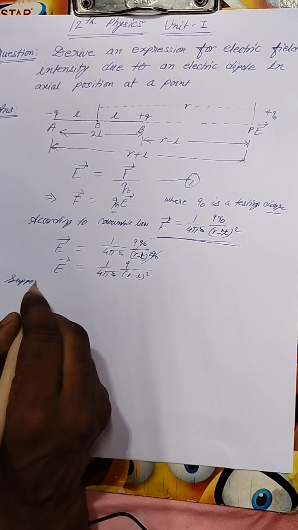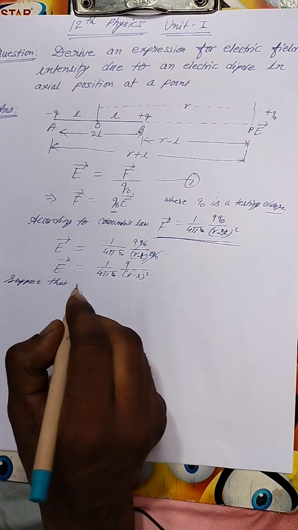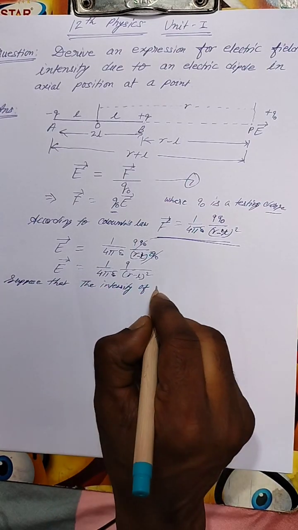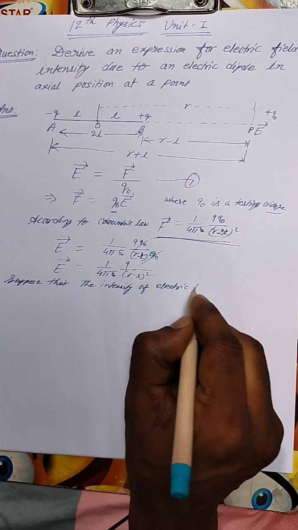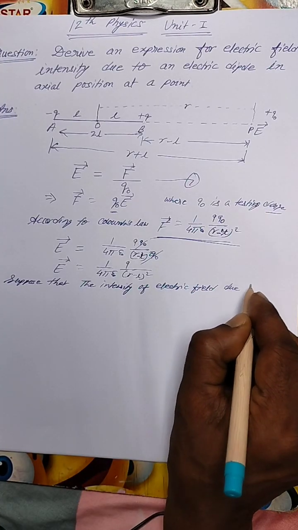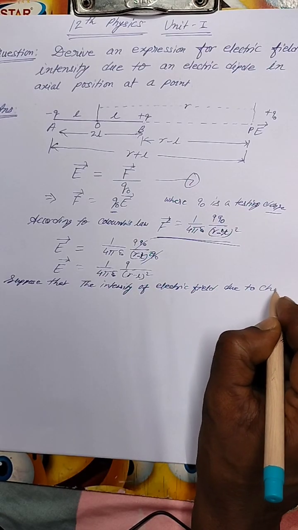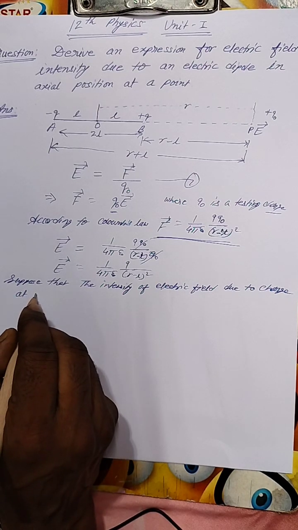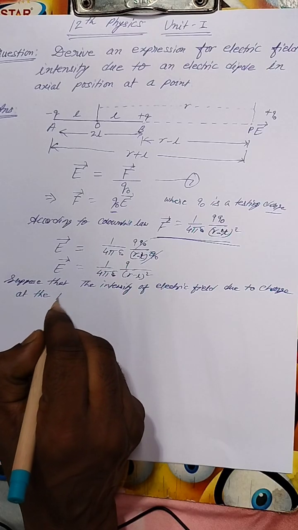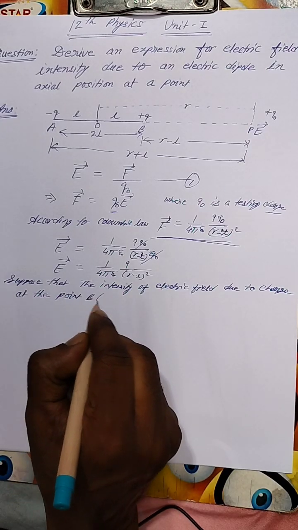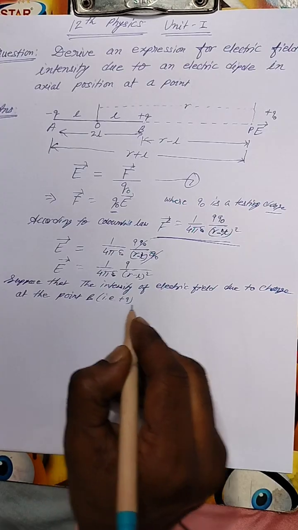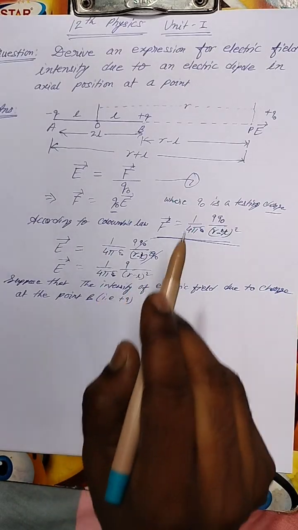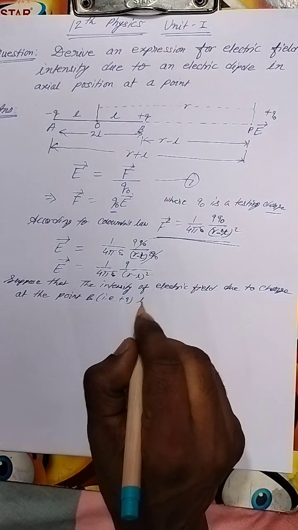Suppose that the intensity of electric field due to the charge at the point B, that is plus q, is E1.